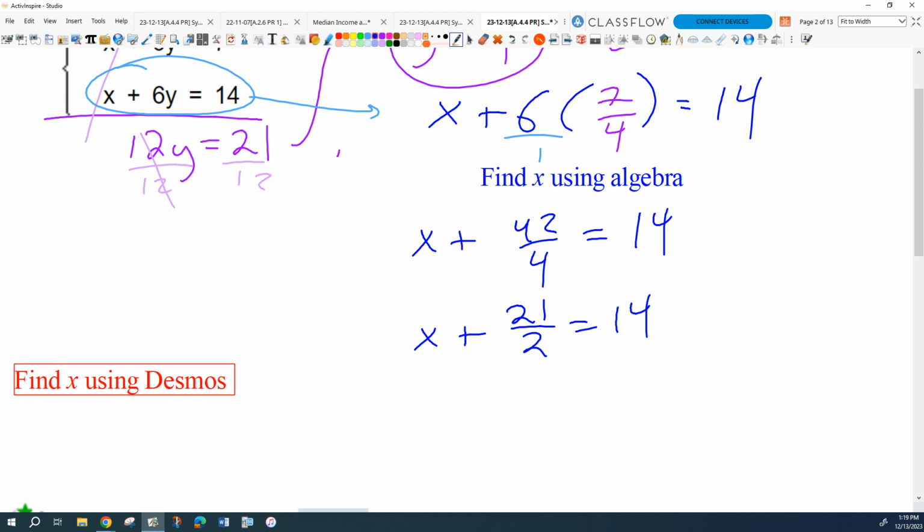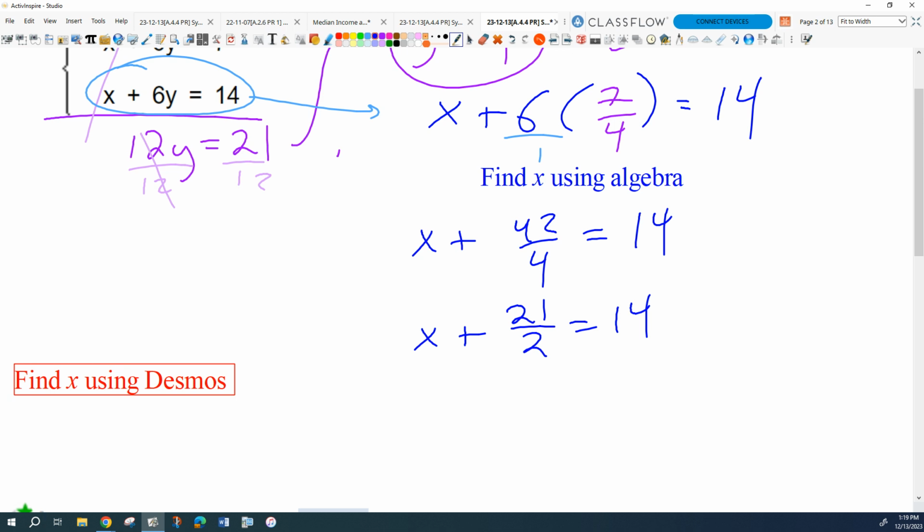That's fine, except if I get a decimal that's not terminating, that makes it tougher, right? Because then the decimal goes forever and I have to round it, and that can cause problems. So I would advise actually not making it a decimal. I could subtract 21 halves, which is fine, or I could clear fractions.